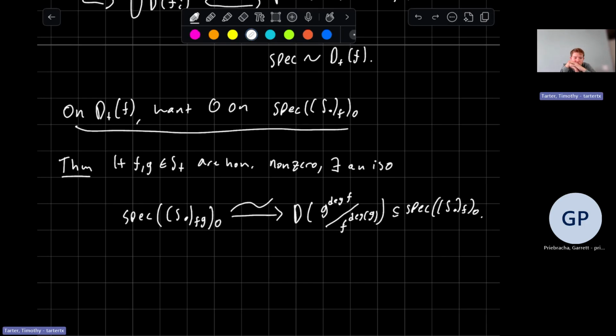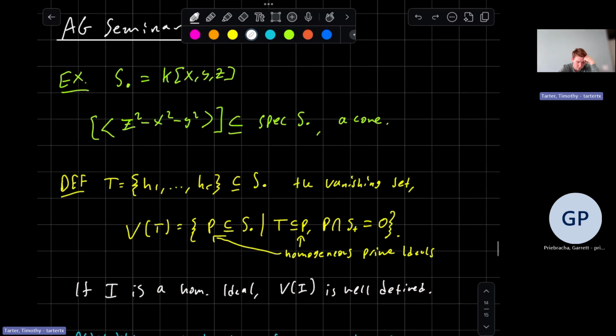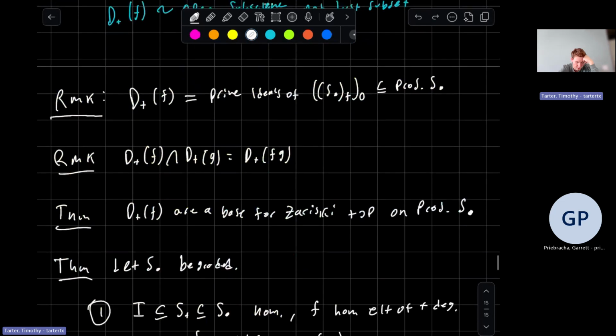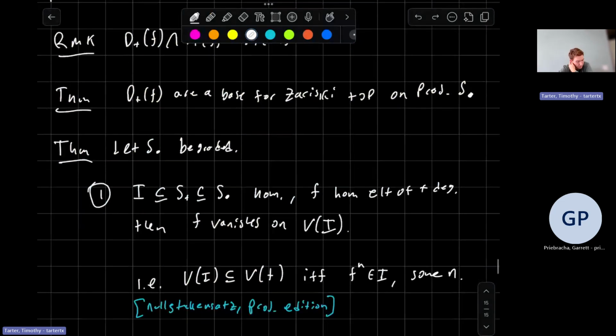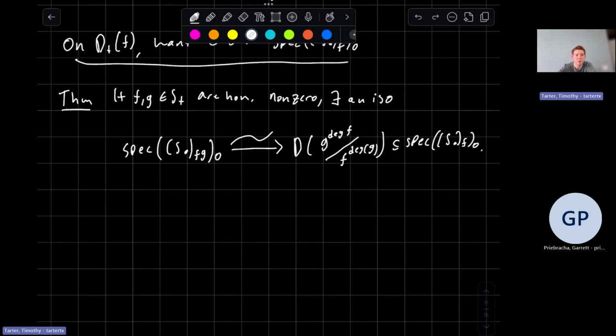So the prime ideals in Spec on the left look like the localization of this, and then the zero grading of it is just the underlying field. Hold on, I just want to check something real quick.